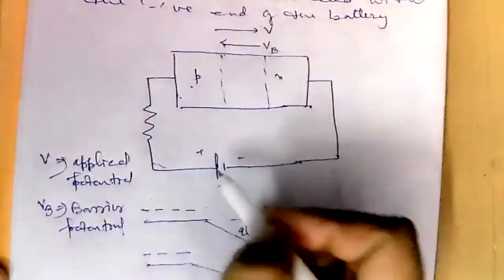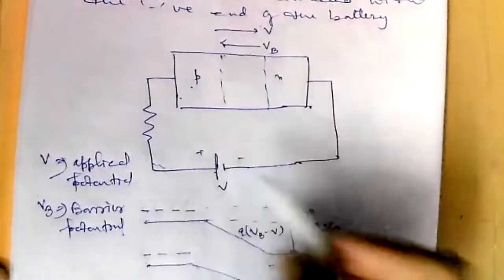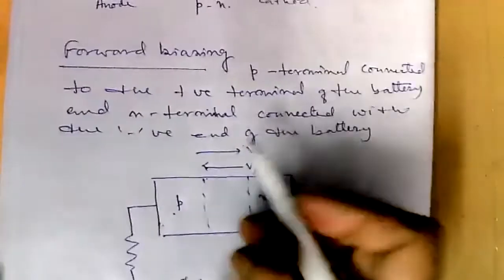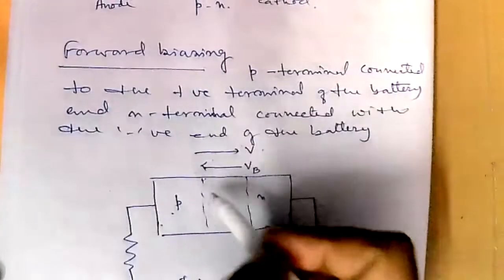So when you connect the diode in forward biasing, that means the P terminal connected to the positive end of the battery and the N terminal connected to the negative end of the battery, then the applied potential and the barrier potential are in opposite direction.